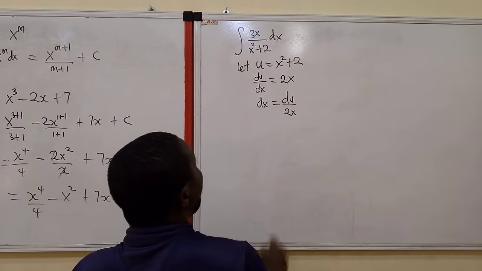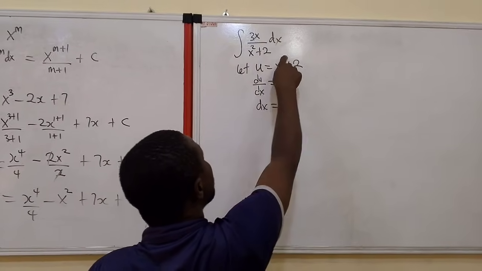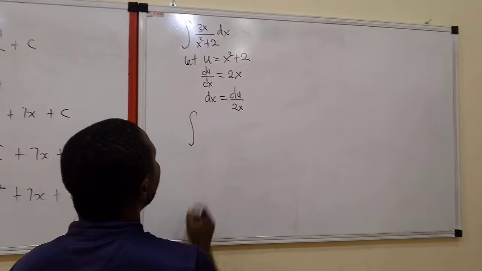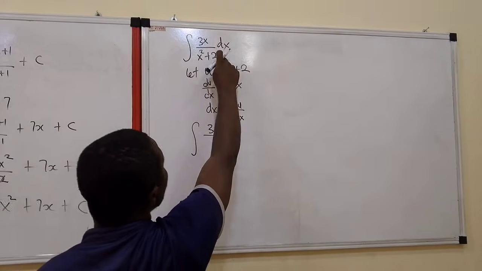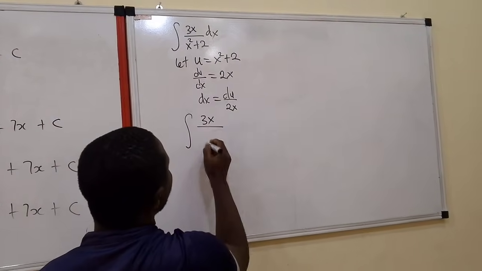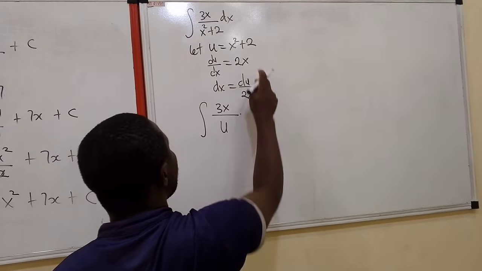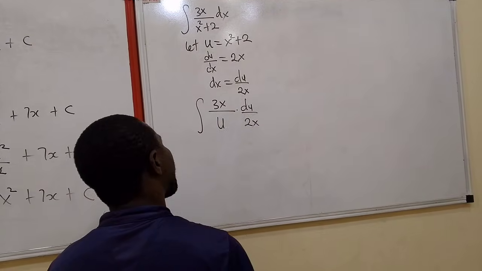Now, I'll put these two things into this expression back. So I have the integral of 3x over, anywhere you see x squared plus 2, we replace it with u. Anywhere you see dx, we replace it with du over 2x.